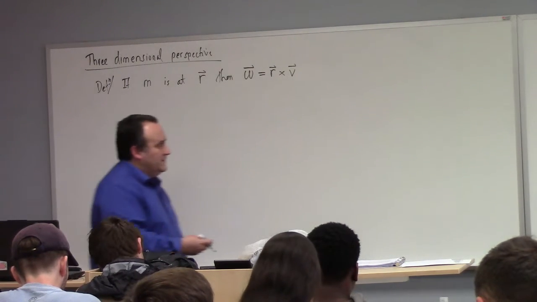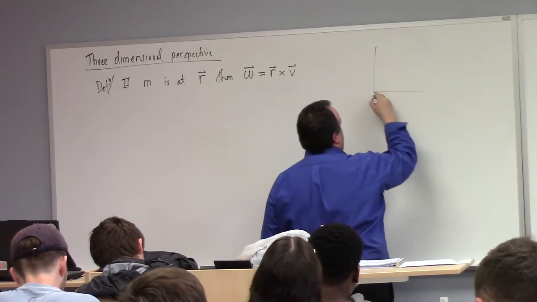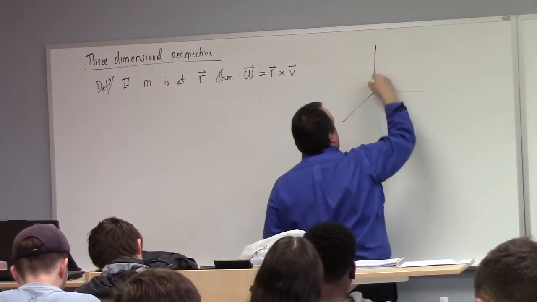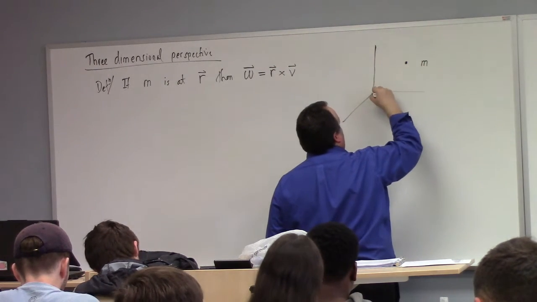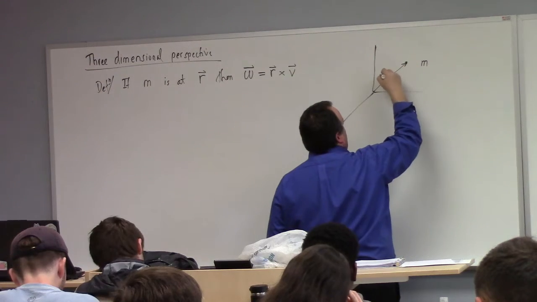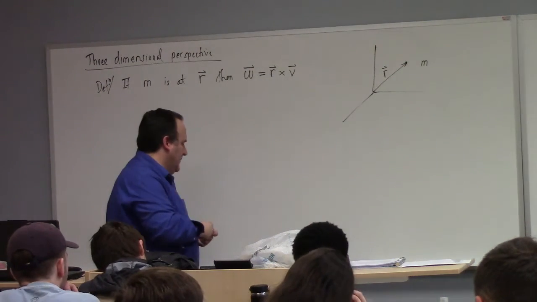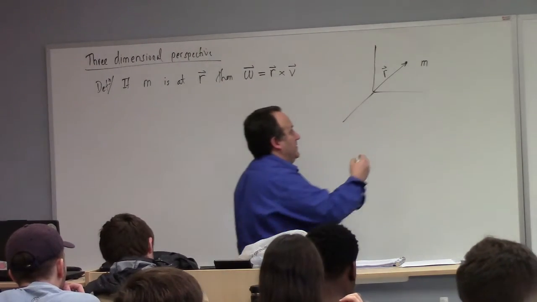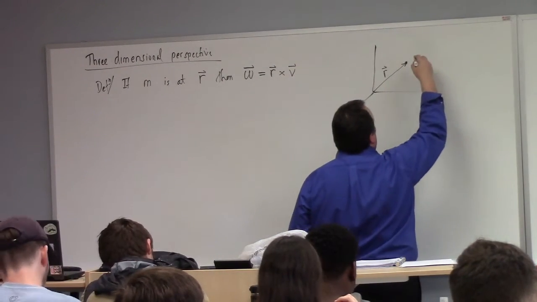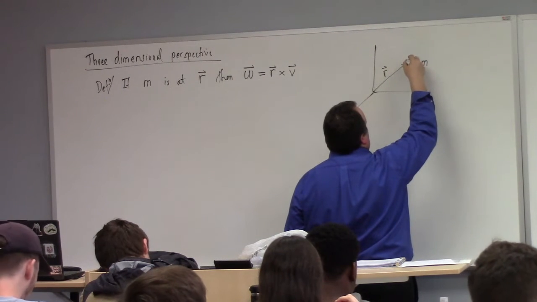Now, if I was to try to picture this for a second, if this is my mass m, and here's my position vector r, we can think about different cases. Let's think about if the velocity was, let me try to draw it on the board.